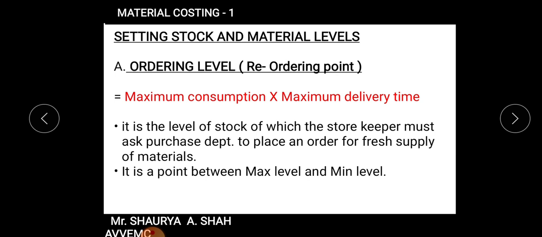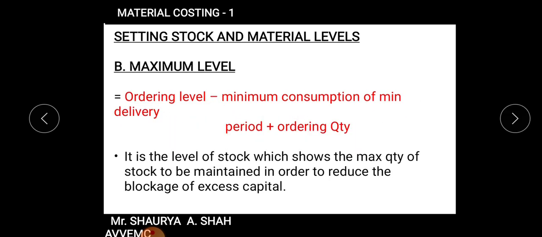What is ordering level? Maximum consumption into maximum delivery time. You just need to note down the formula only, no details. Maximum consumption into maximum delivery time. Maximum level is your ordering level minus minimum consumption of minimum delivery period plus ordering quantity.